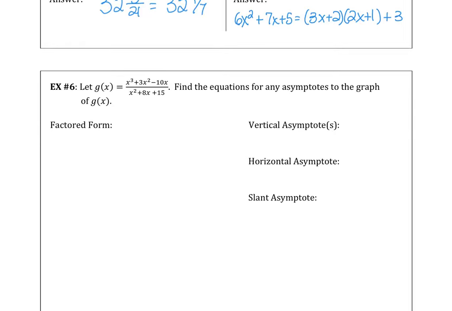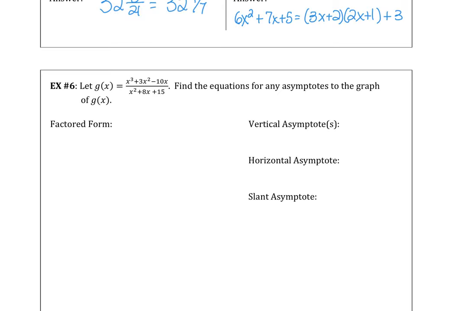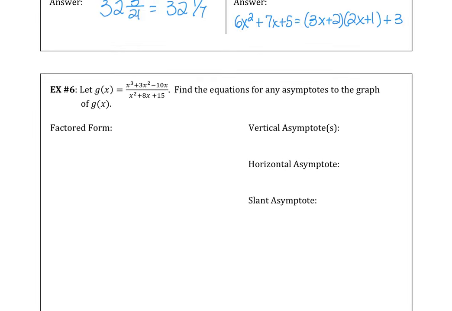For example 6, we want to find the equations for any asymptotes to the graph. So first we'll start with factored form. G of x can be factored as x times x plus 5 times x minus 2. And the denominator can be factored as x plus 5 times x plus 3.